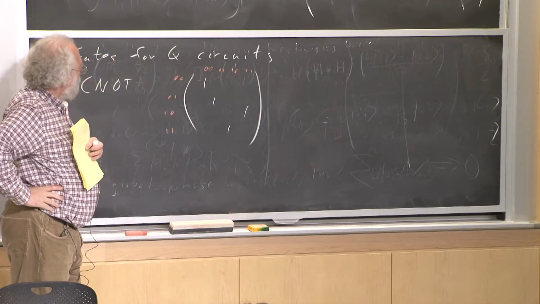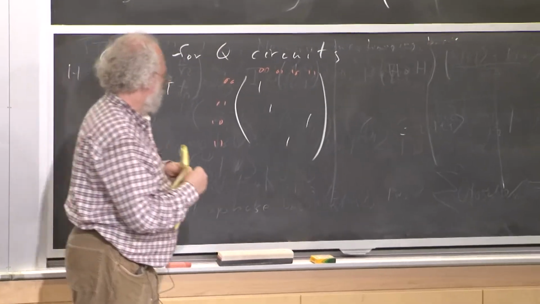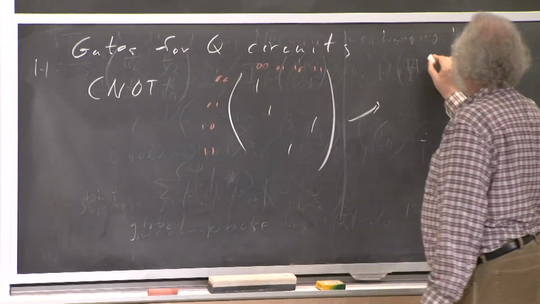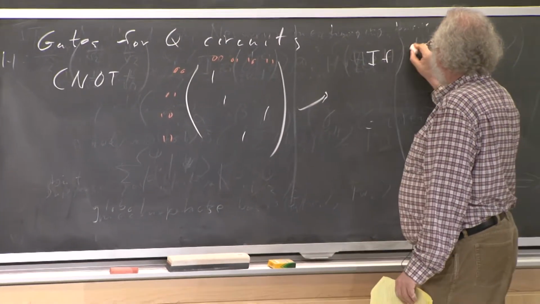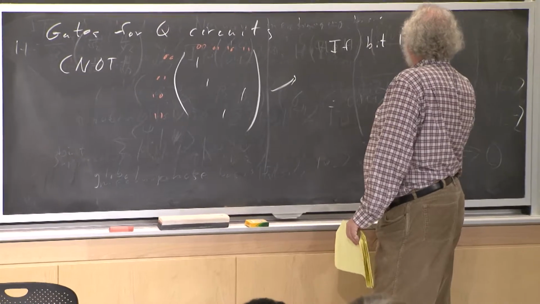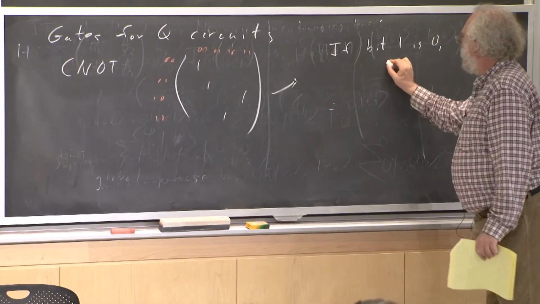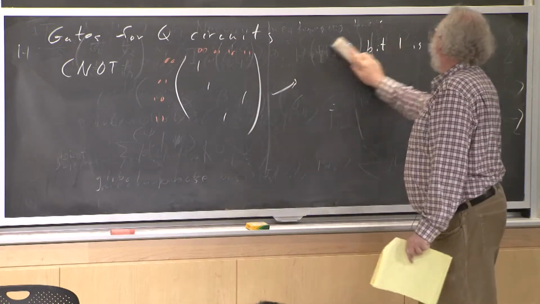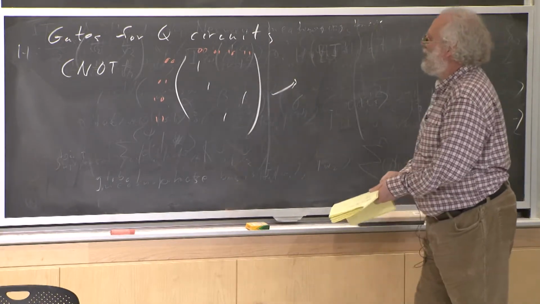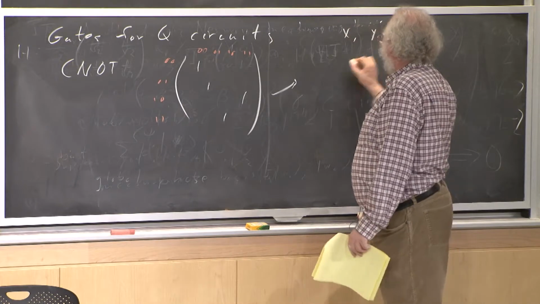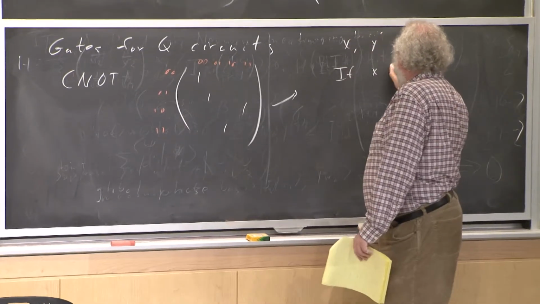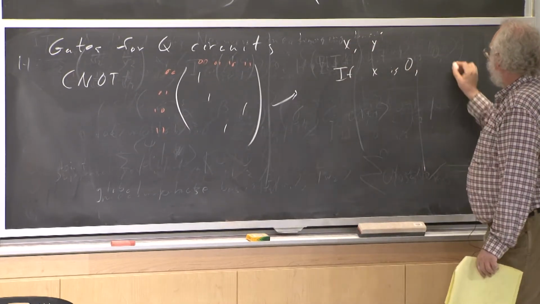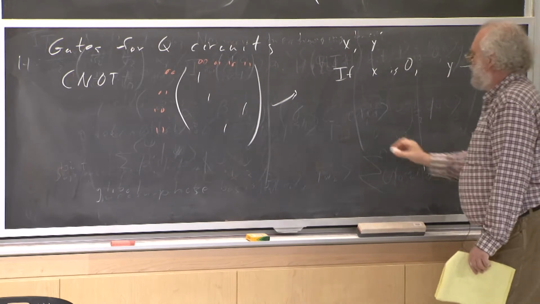So what does this do? Let's describe it. Let's say this is x and y. If x is 0, y goes to y.